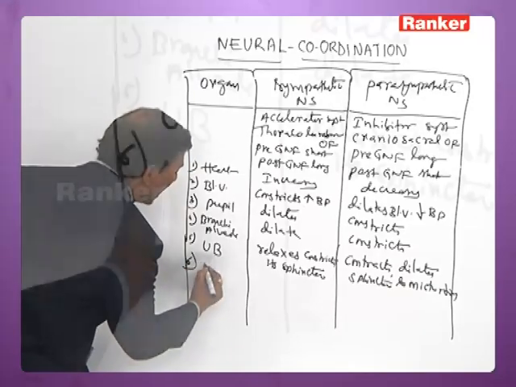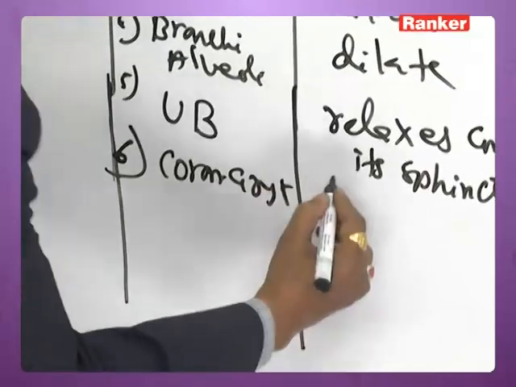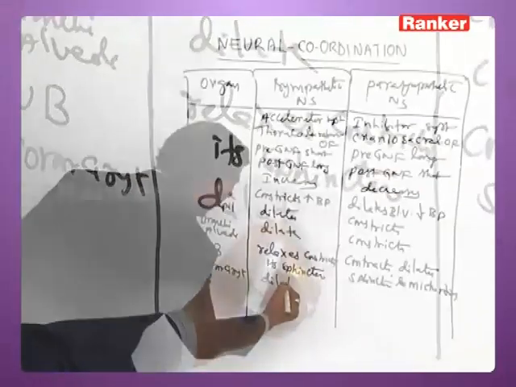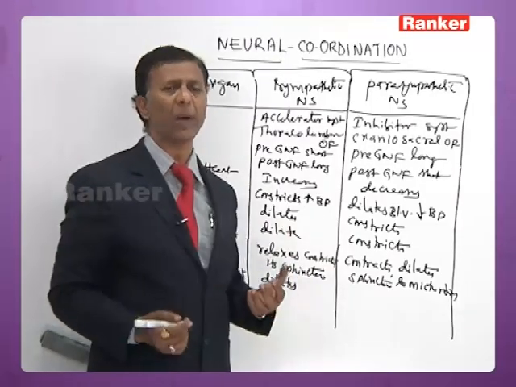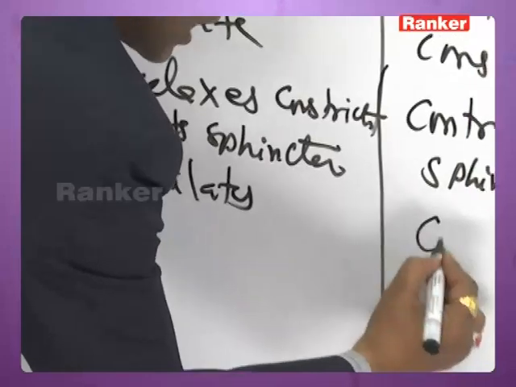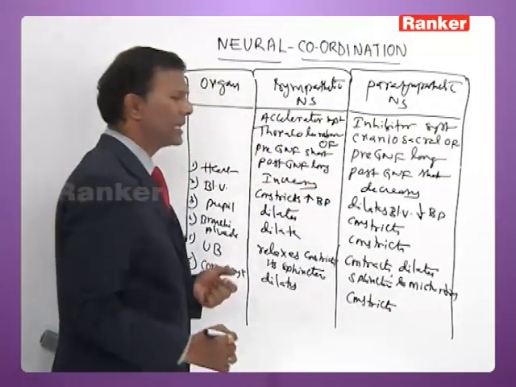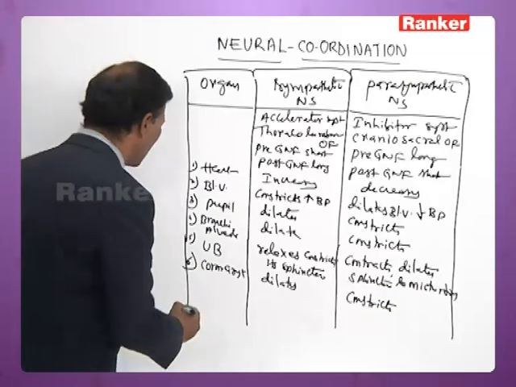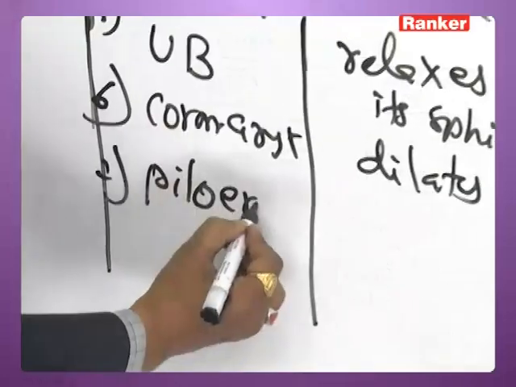Next one is the coronary artery. The sympathetic system dilates the coronary artery and thereby ensures supply of blood to the heart muscles for vigorous functioning. The parasympathetic system constricts the coronary artery. Then next you have piloerector muscles.